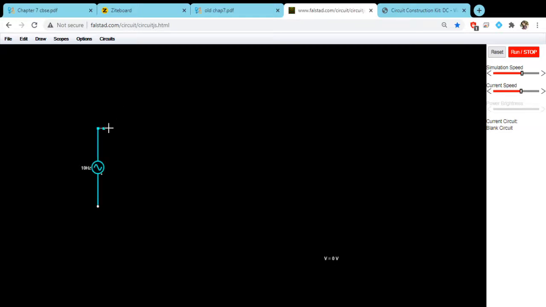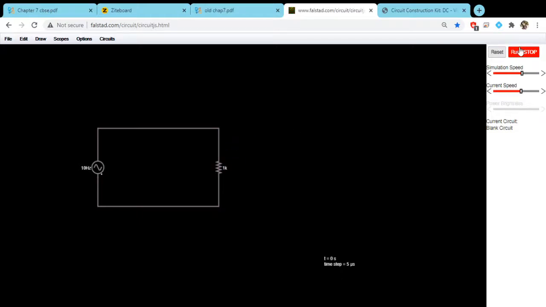Now let's connect a resistor with the wire. So I have wire here and the resistor. Okay, wire here.